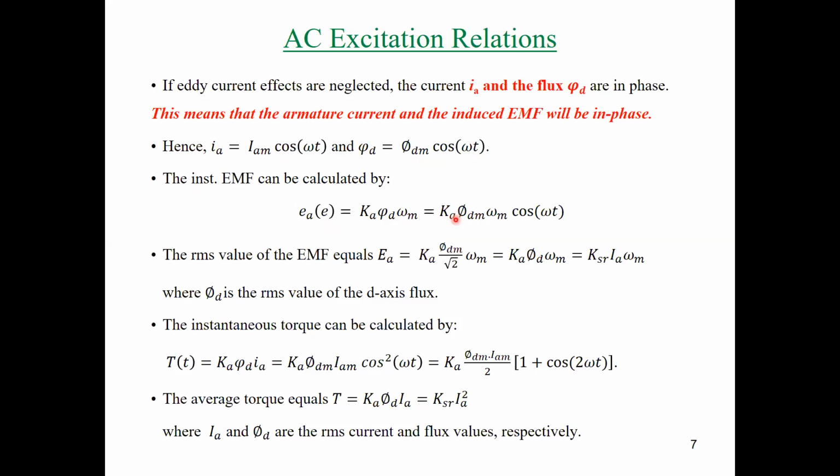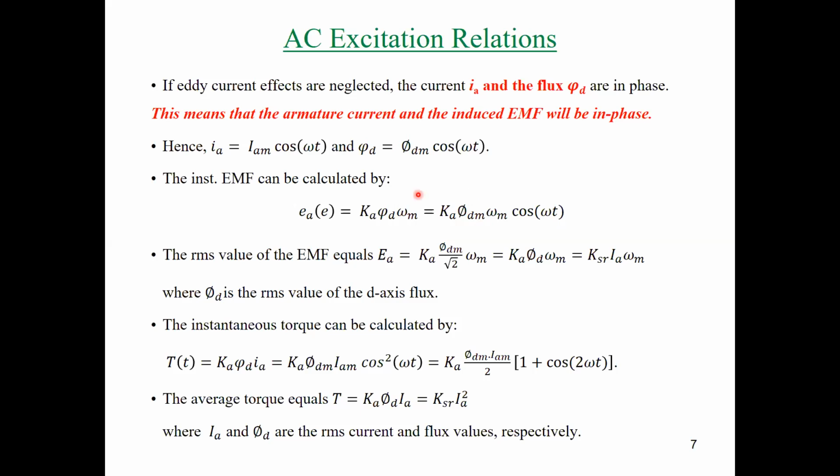So it's Ka multiplied by phi dm multiplied by omega m cosine omega t. Take care all of the time: the symbol phi here is instantaneous because it's a small letter. And here phi dm means the maximum value or peak value of the cosine wave.